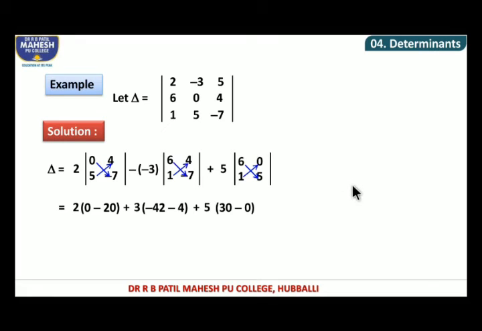Therefore we have 2 into minus 20 becomes minus 40, and minus 42 minus 4 becomes minus 46, into 3 is minus 138, and 5 into 30 is 150. Now we can simplify this: minus 40 minus 138 plus 150, and we get the value minus 28. So this is the value of delta.